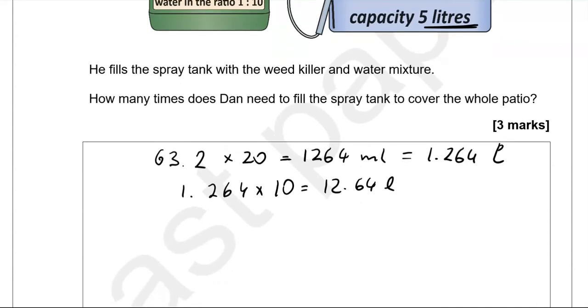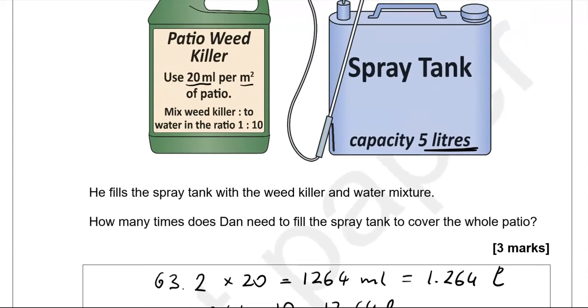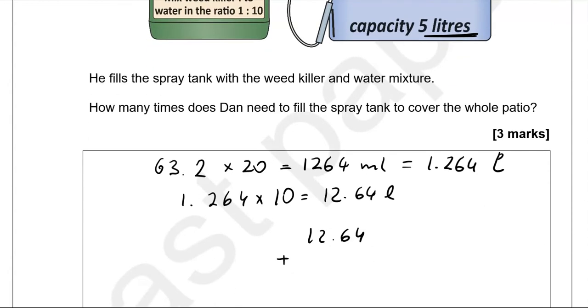So adding these two together, the two amounts, water and the weed killer, 12.64 and 1.264 gives us 13.904 liters of mixture.